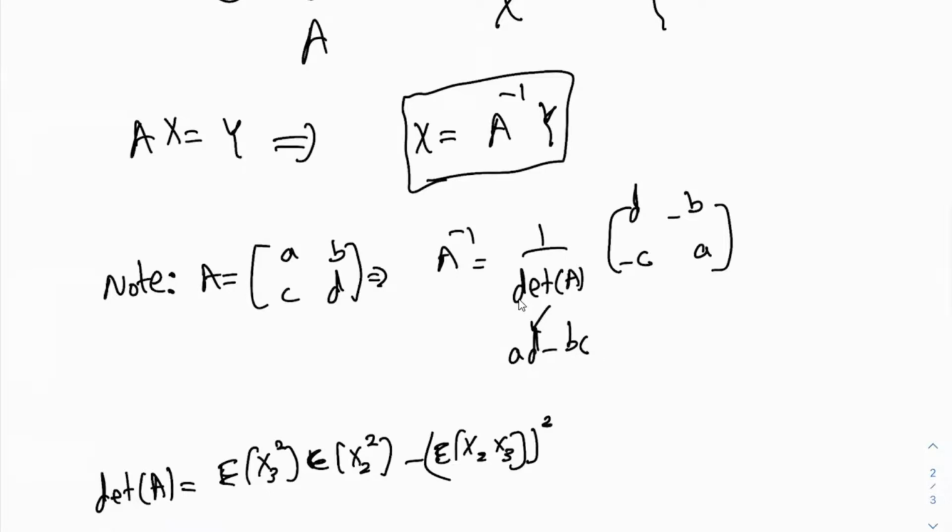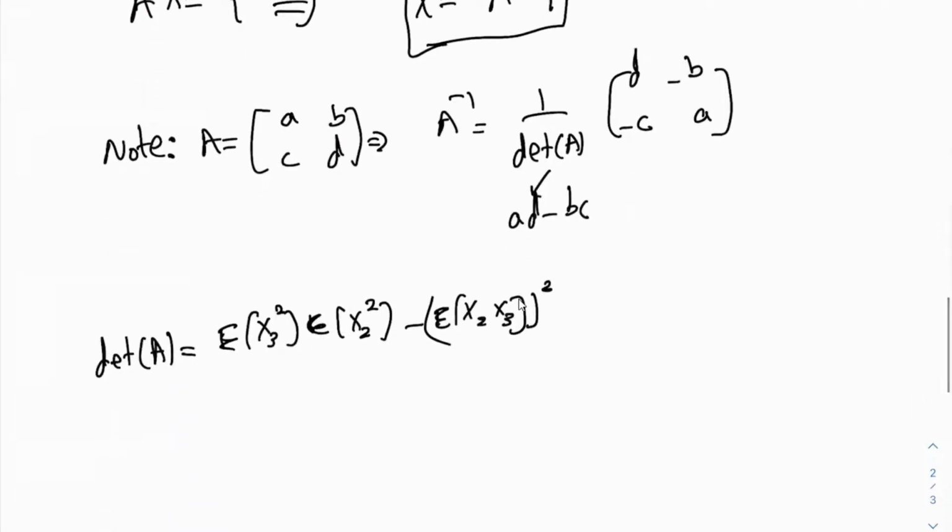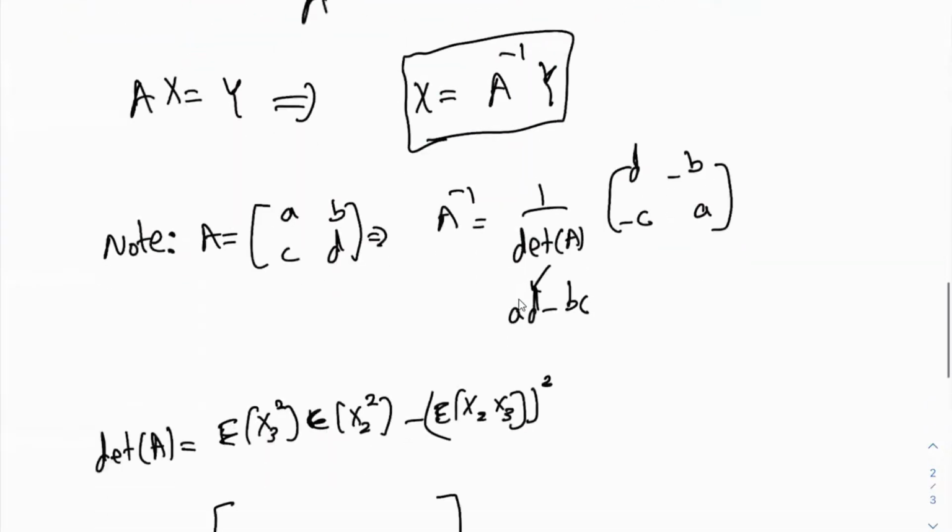Right, that's the determinant of A. So in a sense, A inverse, if I write it better here, I would just write 1 over the determinant of A. And now let's swap these two.